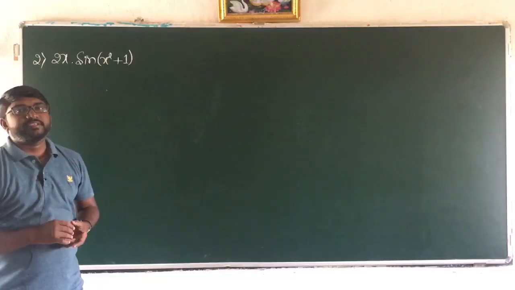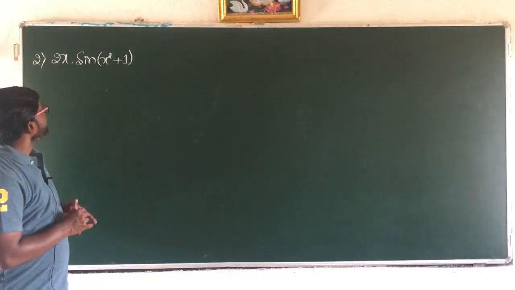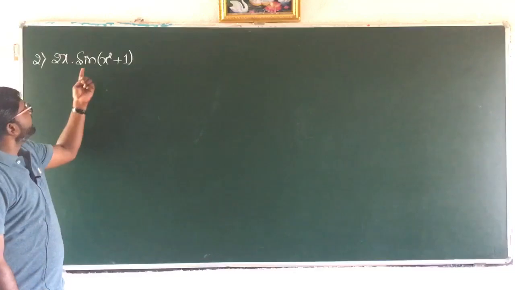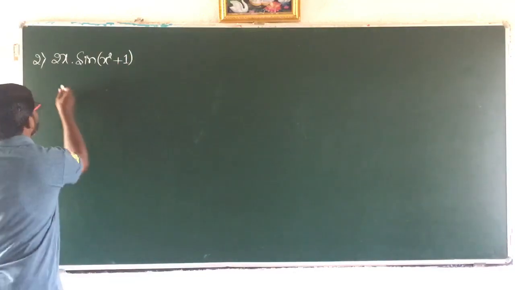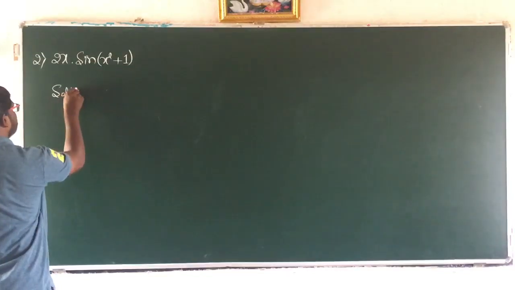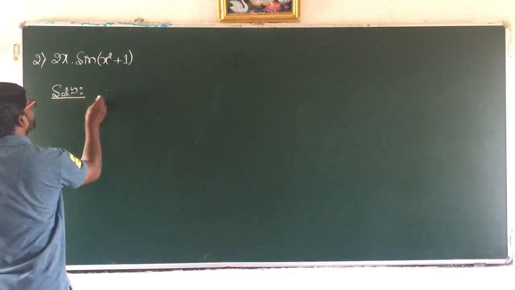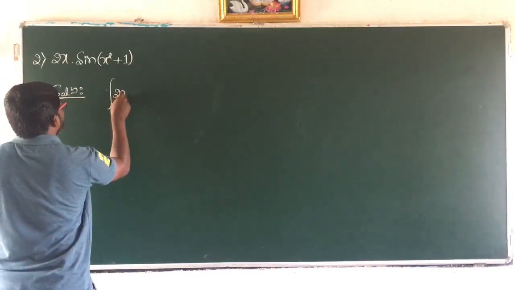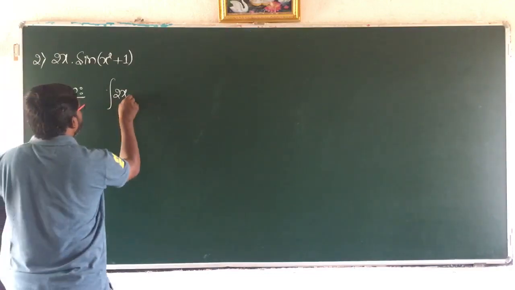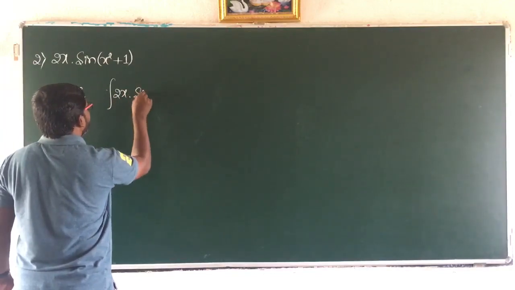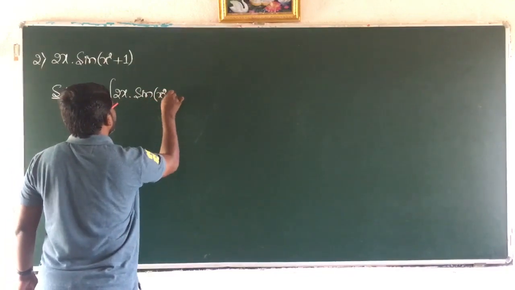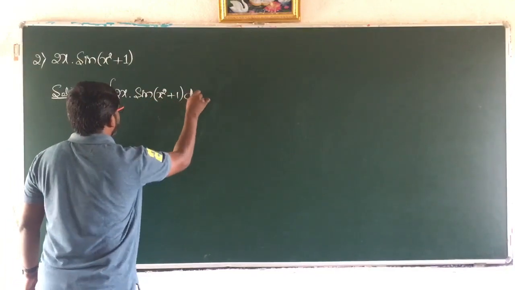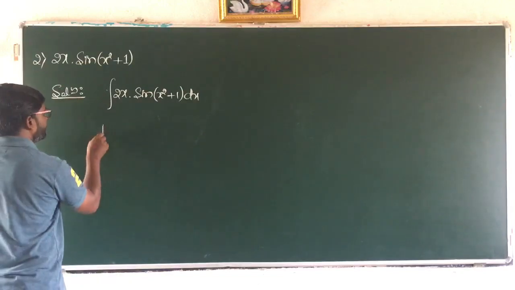So let us solve the second example problem. It is integrate 2x into sin of x square plus 1 with respect to x. So we will go for the solution. It is integral 2x into sin of x square plus 1 dx. So now see here, I will go for the substitution.